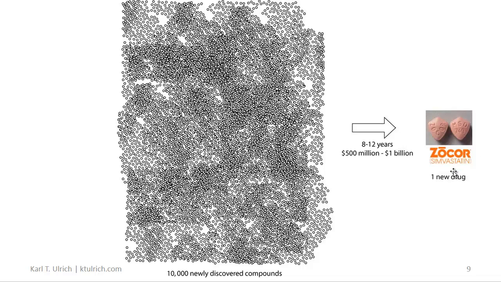In this case, Zocor was identified through a tournament process from 10,000 newly discovered or synthesized molecular entities. In fact, if you imagine, I shaded it just a slightly different color there, that's Zocor.